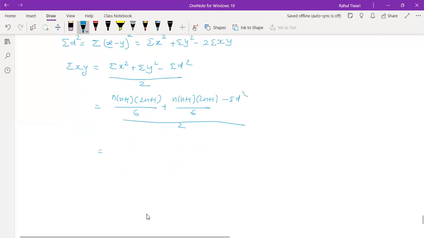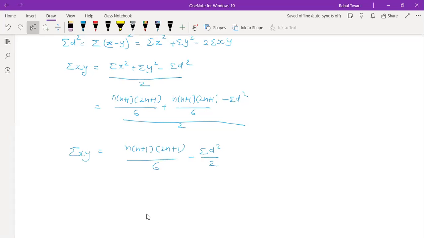So this is 2 times, so that 2 gets cancelled with this 2. Okay. So this is n into n plus 1 into 2n plus 1 upon 6 minus summation d square upon 2 will be there always, because you have to divide this quantity by 2 also, this quantity by 2 also. Correct? So we got summation xy is this.